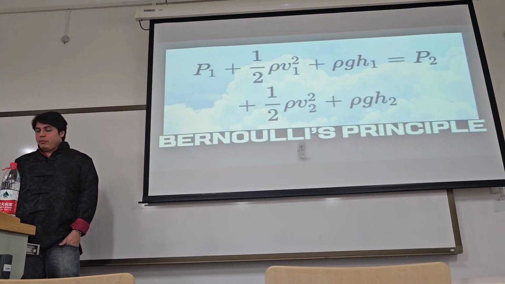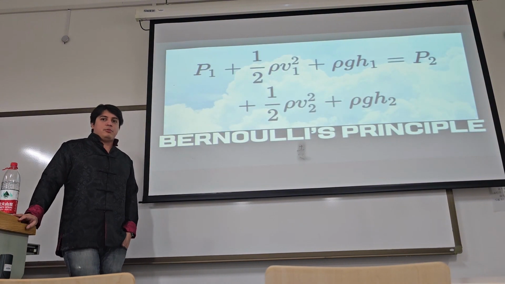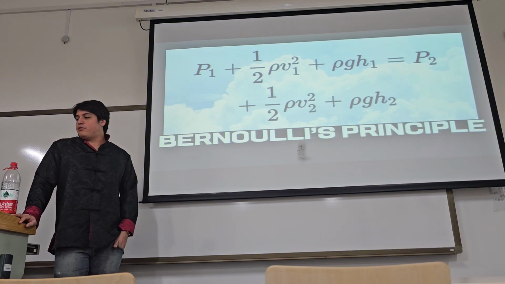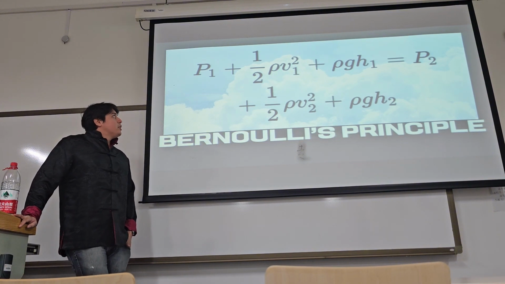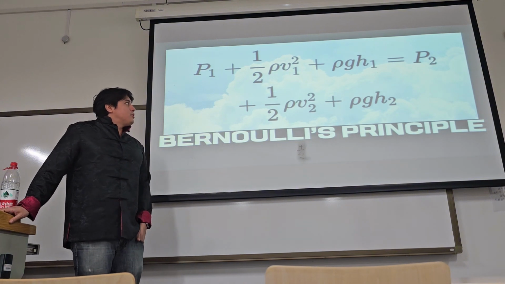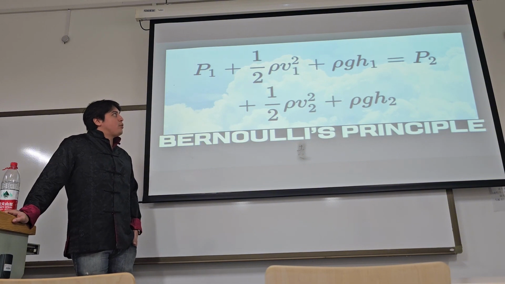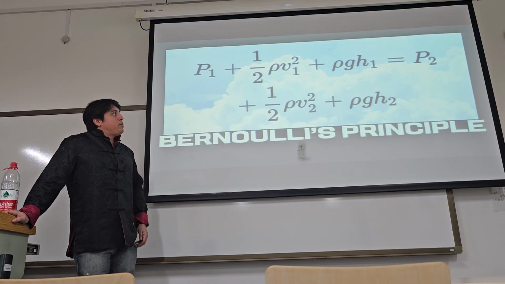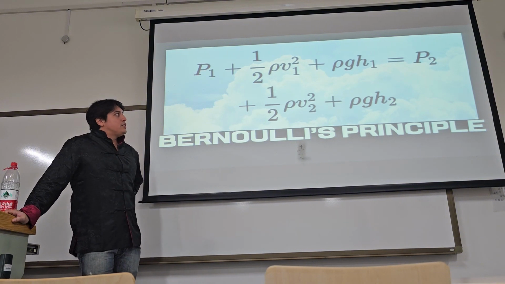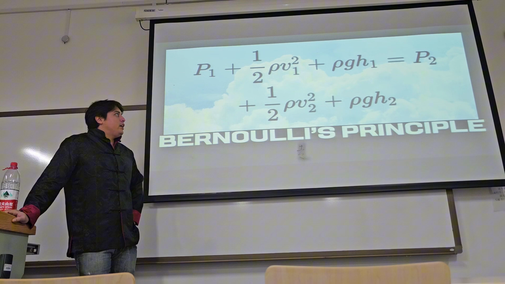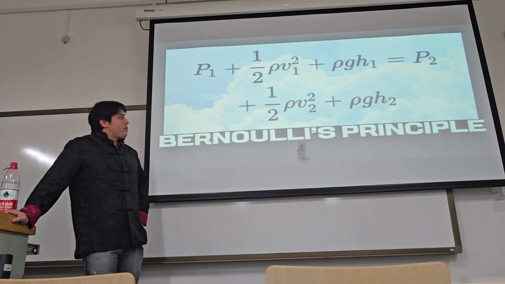And going back to Bernoulli's principle, you can define it as pressure 1 plus 1/2 density times velocity squared 1 plus density times gravity times height equals pressure 2.